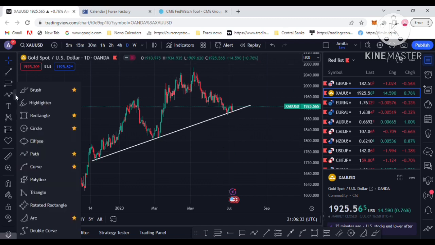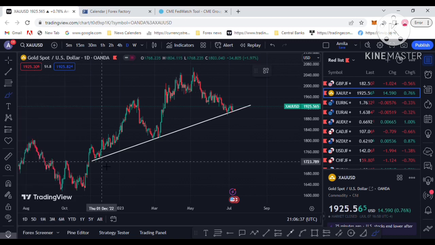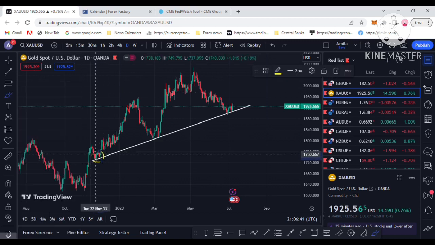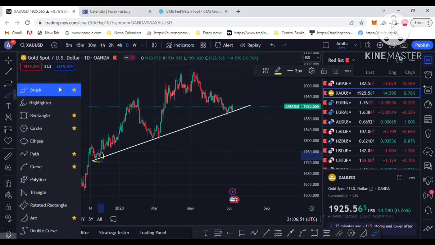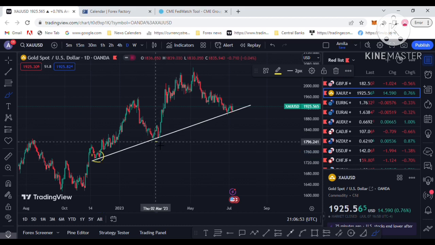You can see the first double bottom was created last November, during the Fed's interest rate peak situation and gold demand. The next one was in March this year, when Silicon Valley Bank crashed in the USA and gold demand rose.